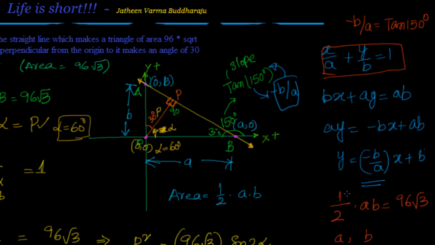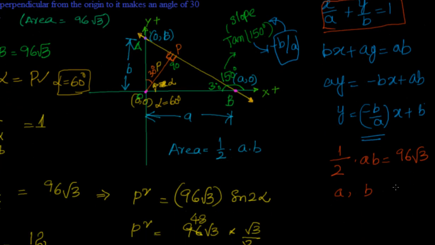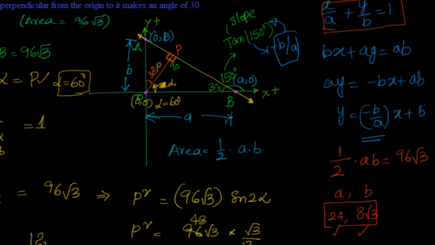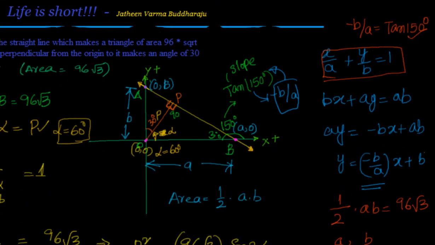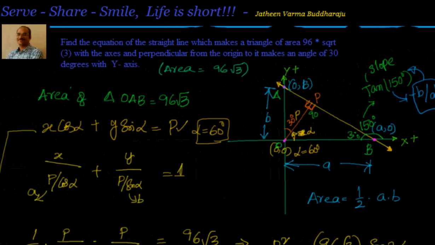Minus b by a equals tan of 150, that's the first equation. The second is that the area formed is 96 root 3, so half AB equals 96 root 3. You solve them, and I think you will get b as 8 root 3 and a equal to 24. If you substitute these in x by a plus y by b equal to 1, you will get the equation.